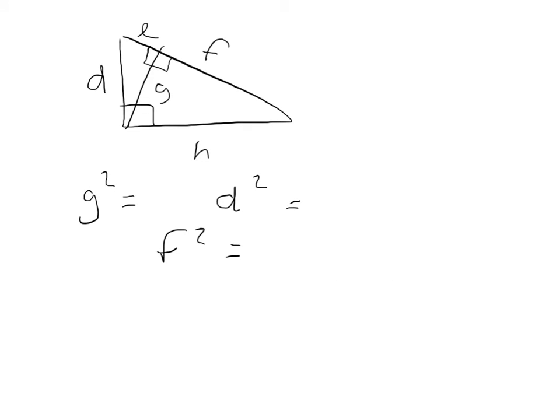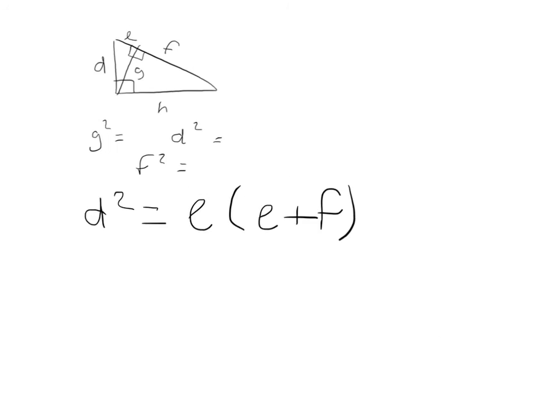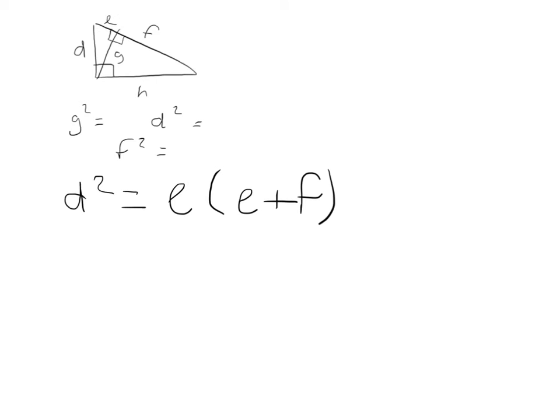Okay, again, our patterns that we want to keep track of from those similar triangles are as follows. Each leg in the large triangle is the geometric mean between, for example, for D, the segment closest to that leg in the hypotenuse times the whole hypotenuse. So therefore, D squared equals E times E plus F. Ditto, I've got the same issue.